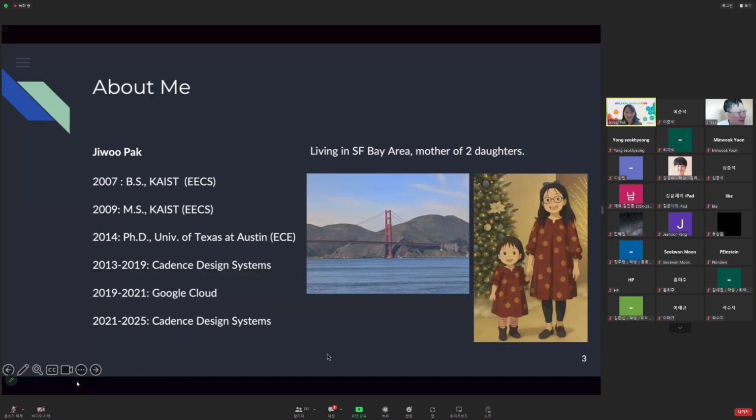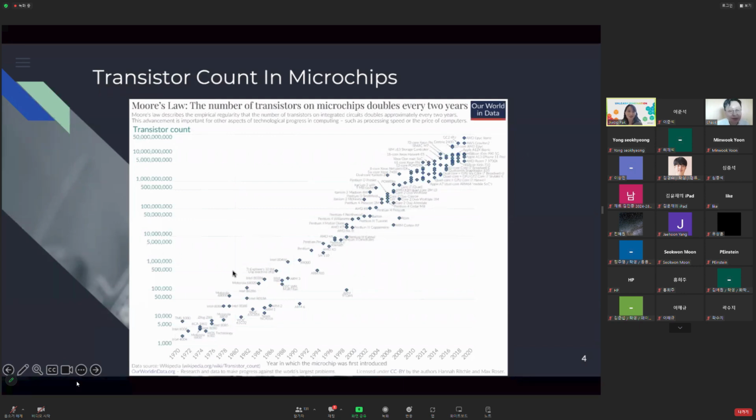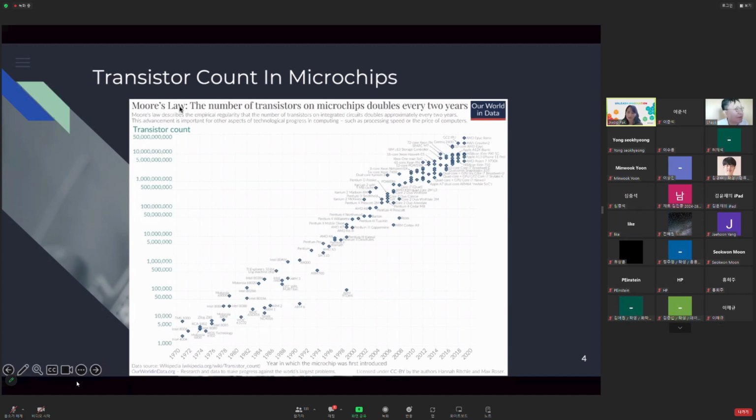Okay, so let's move on to the next page. So I just grabbed it from the Wikipedia. As I mentioned, all the information is public information. So I got this chart from the Wikipedia. Transistor count, you can search it. So this page is intended to show Moore's law. Maybe some of you already heard of Moore's law, but it's basically the trend of the number of transistors inside of the microchips.